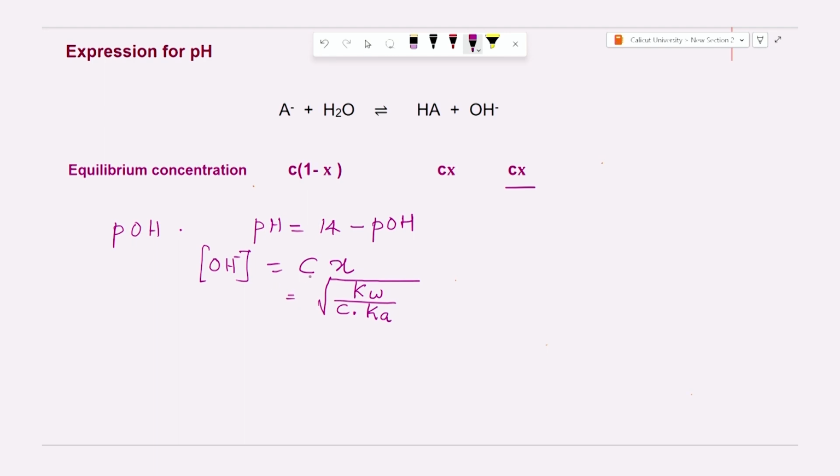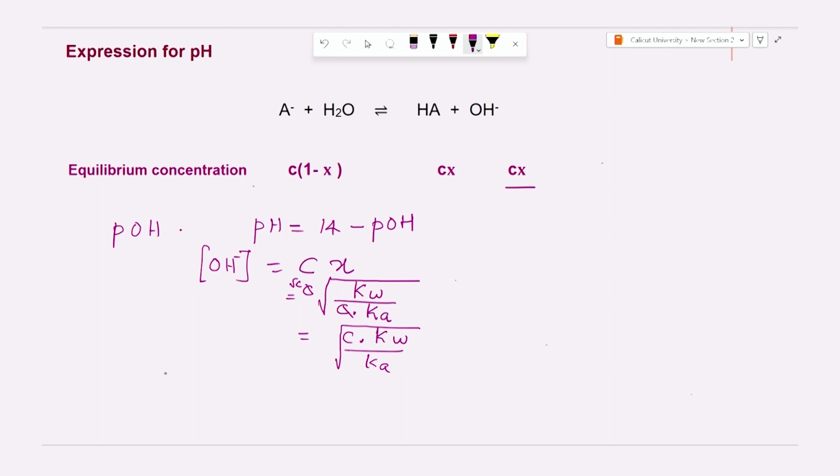Now, multiplied by C, this C and this C get cancelled, because this is root C and this is C. So, it becomes root of C into Kw by Ka.